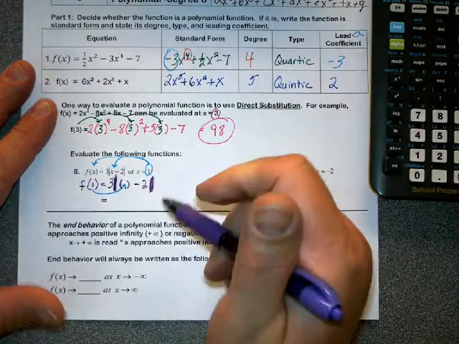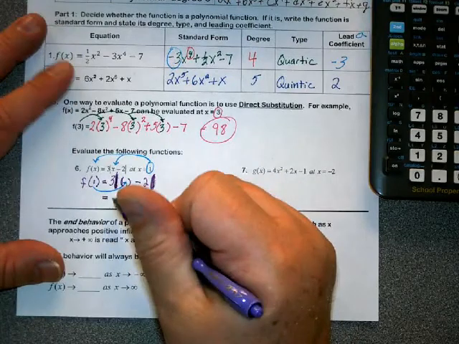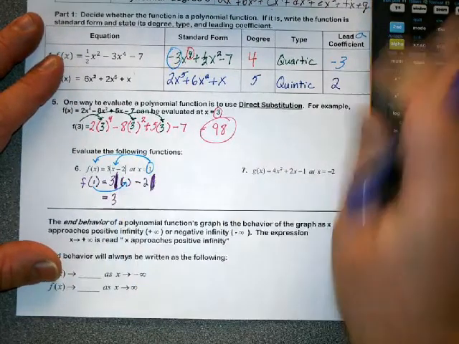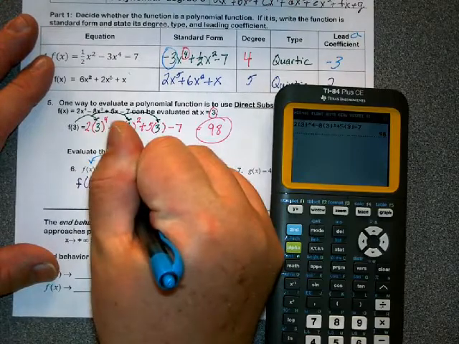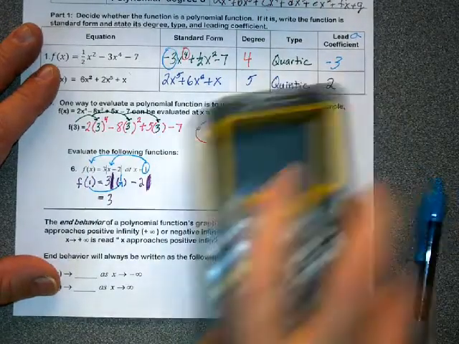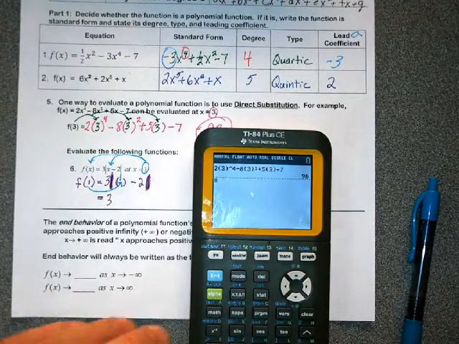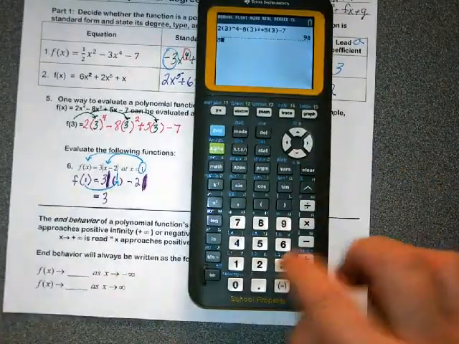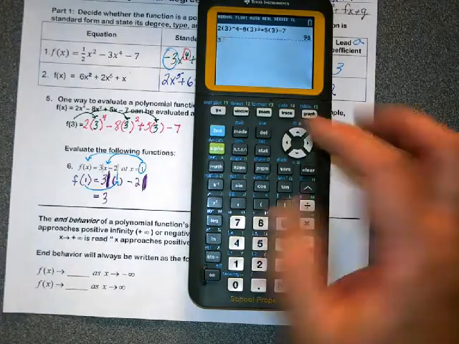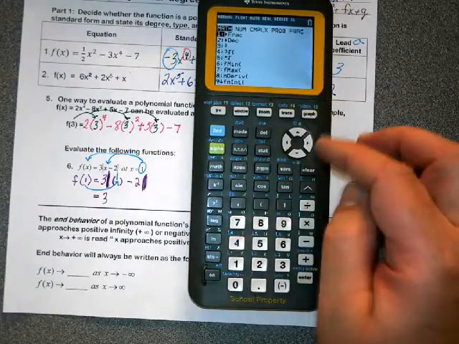And since this is pretty simple, I'm going to do this in my head and not use my handy dandy calculator. Did we type it in the calculator? Oh, if you wanted to. Let's see if I remember how to do this myself. 3 times, I think you have to go to your math button, num, and absolute value.